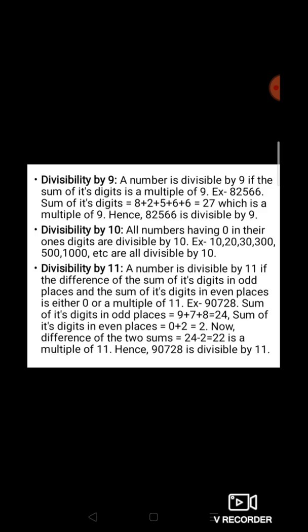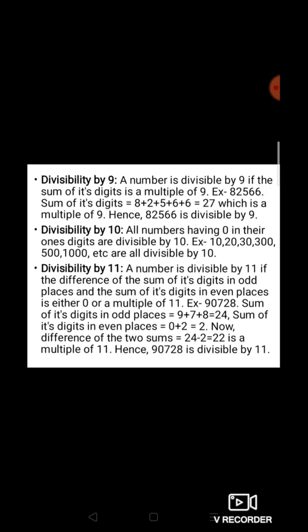Here the example given is 82566. If we add the digits 8 plus 2 plus 5 plus 6 plus 6, the summation gives us 27. Now clearly we know that 9 multiplied by 3 is 27. So that means this whole number 82566 is divisible by 9.